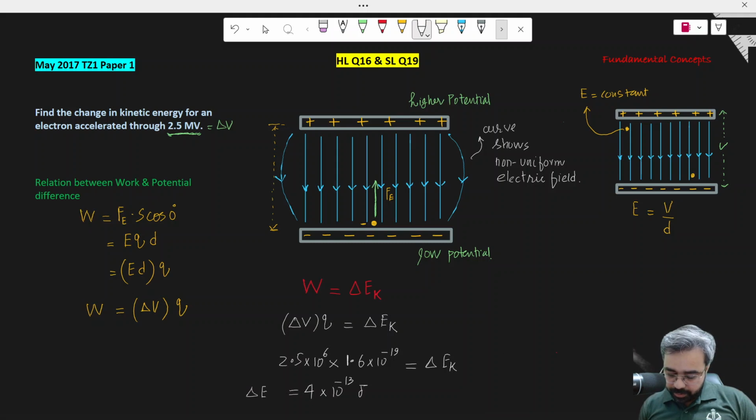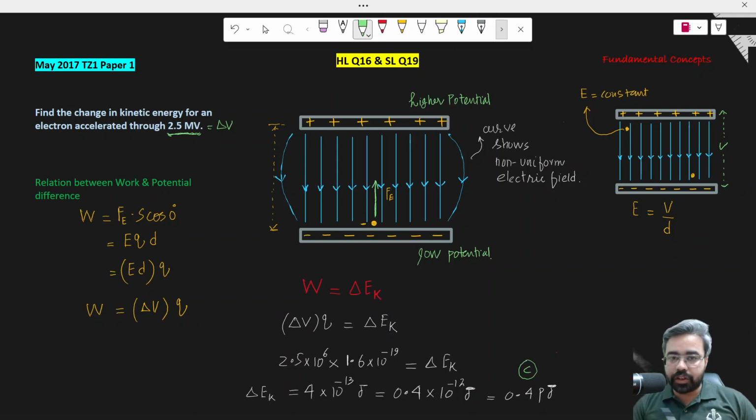If you move the point before the 4, you can write it as 0.4 times 10 to the power negative 12 joules, and 10 to the power negative 12 is called pico, so we can say 0.4 picojoule. By the way, this is option C, so option C is the right answer.